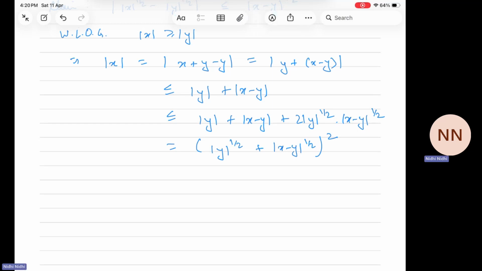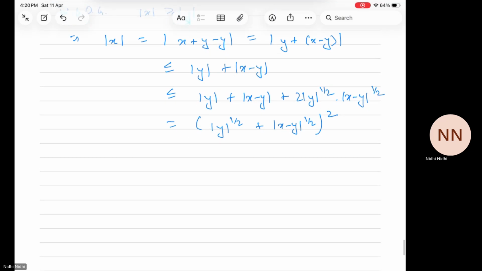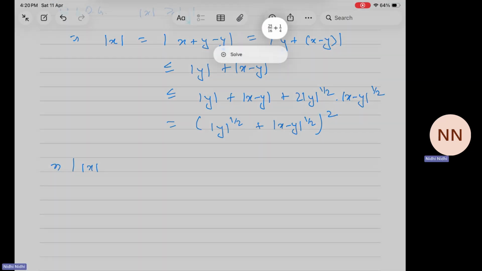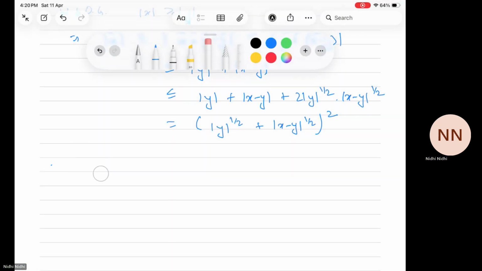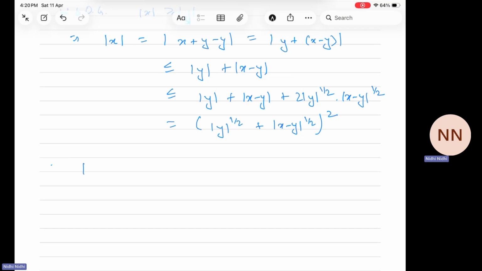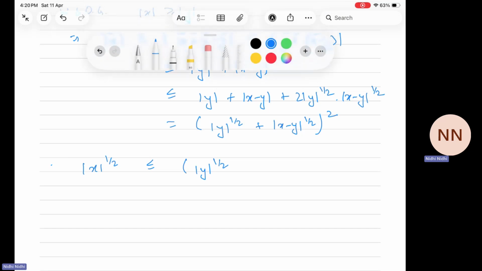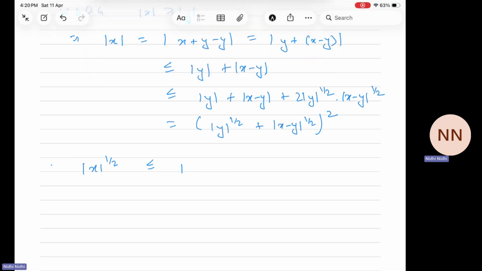That means we get mod x, and just taking the square root on both sides, mod x to the power 1 by 2 is less than or equal to mod y to the power 1 by 2 plus mod x minus y to the power 1 by 2.